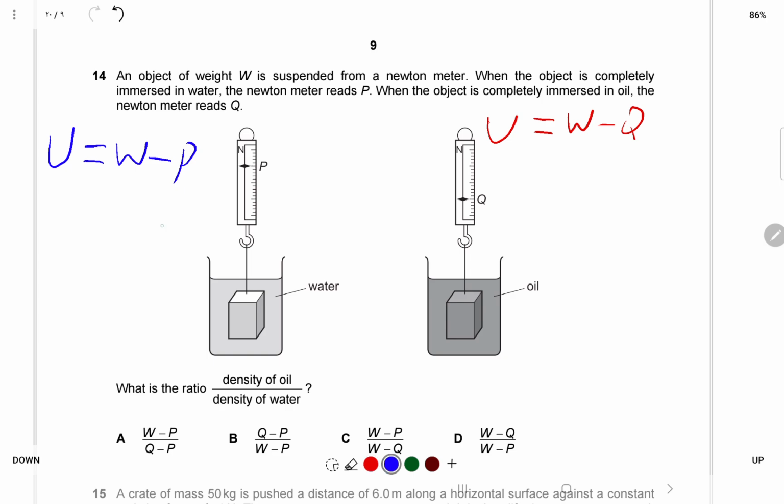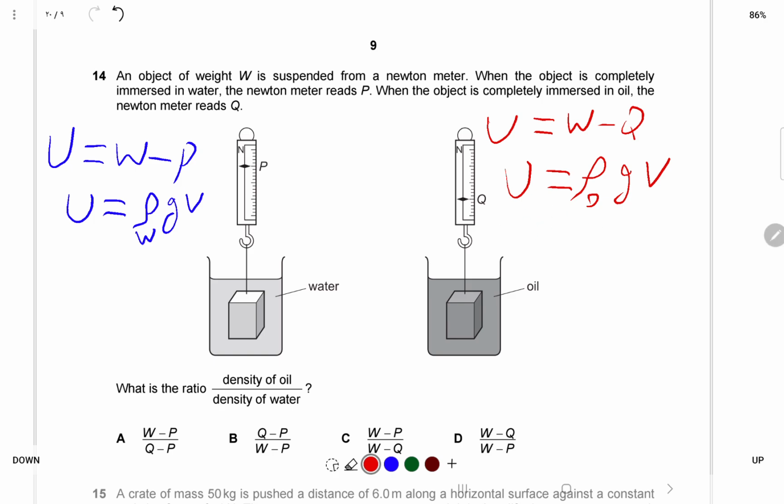Now let us write the formula for upthrust. Upthrust is equal to rho G V. Rho here is for water, and here upthrust is equal to rho of oil G V. V in both cases is the same because it's the volume of the object.